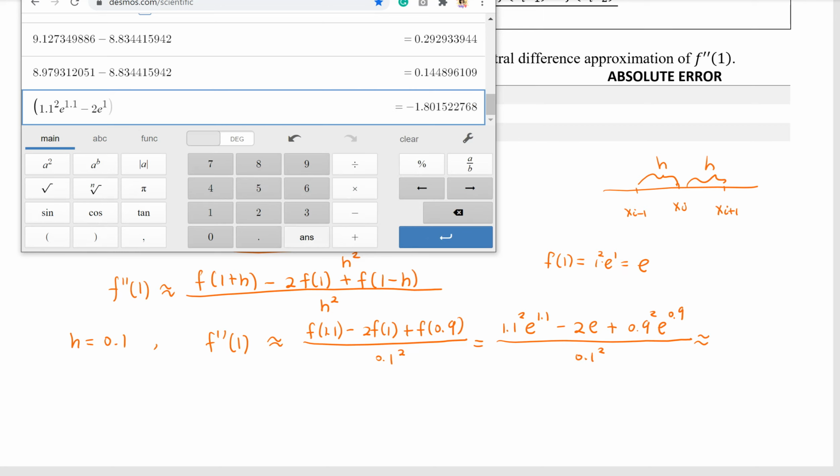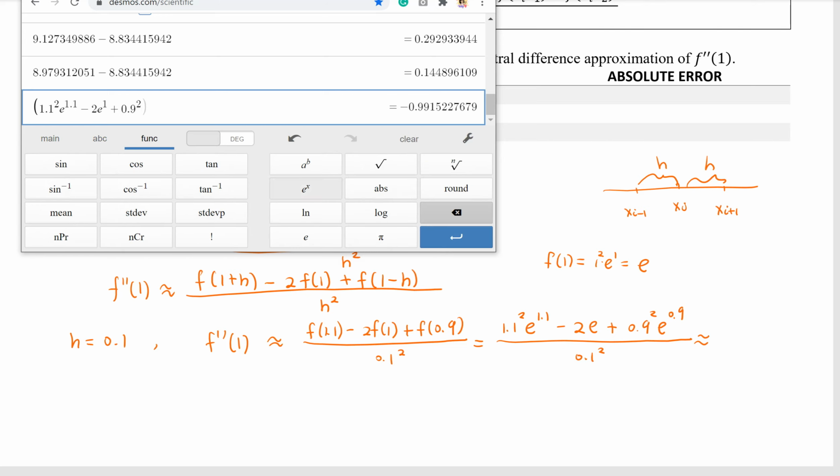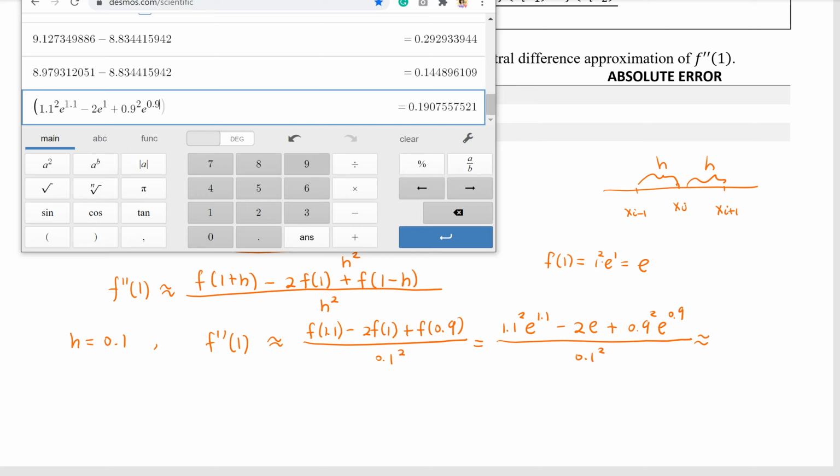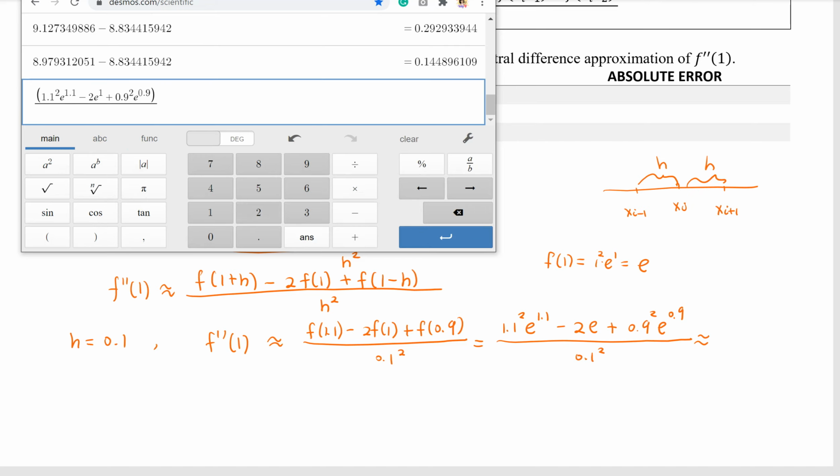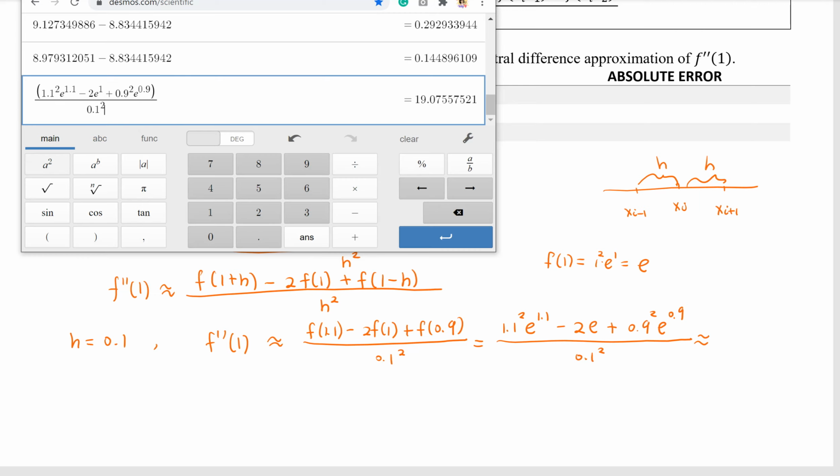Come down, plus 0.9 squared. And then e to the 0.9. Okay, close it and then divide it by 0.1 squared. Okay, double check our inputs.